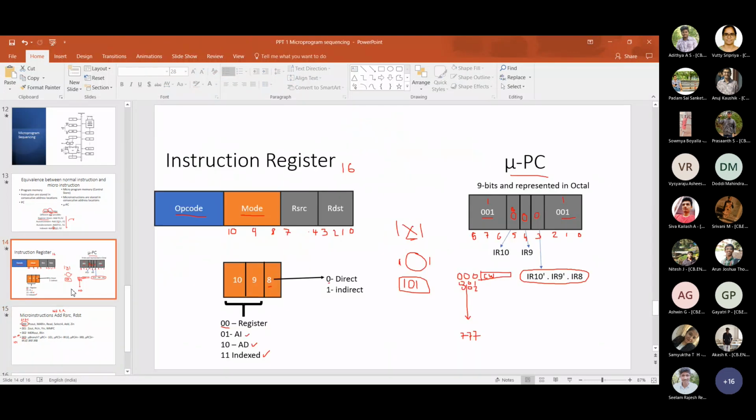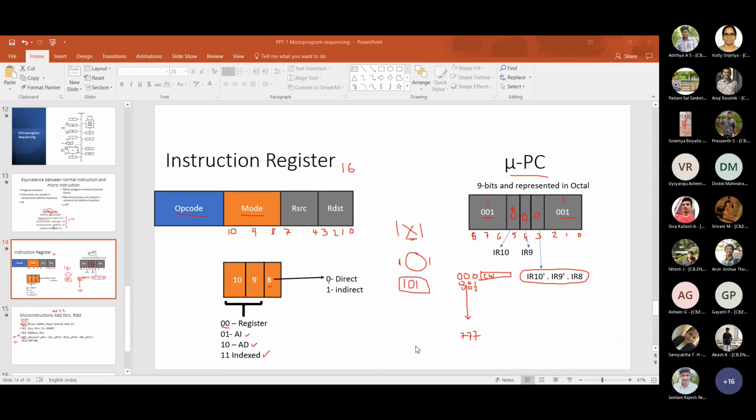Even if it is registered direct, indirect or anything, this one and this one is fixed. Okay, so as a common factor, we are loading 101 first, then we can set any one of these bits as per the change based on what type of addressing mode it is.